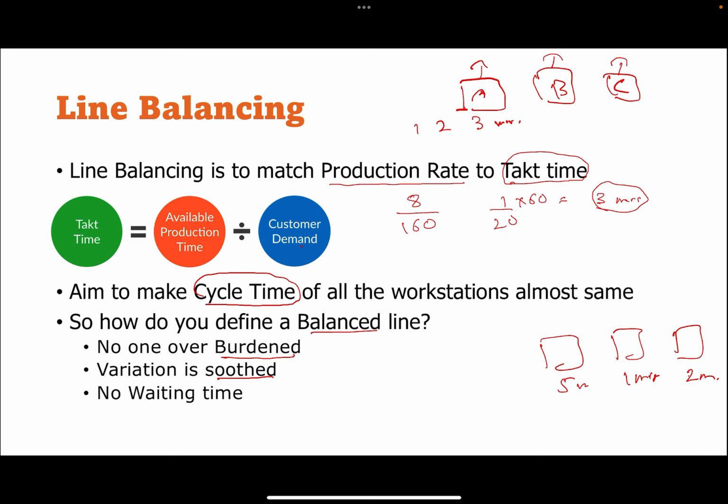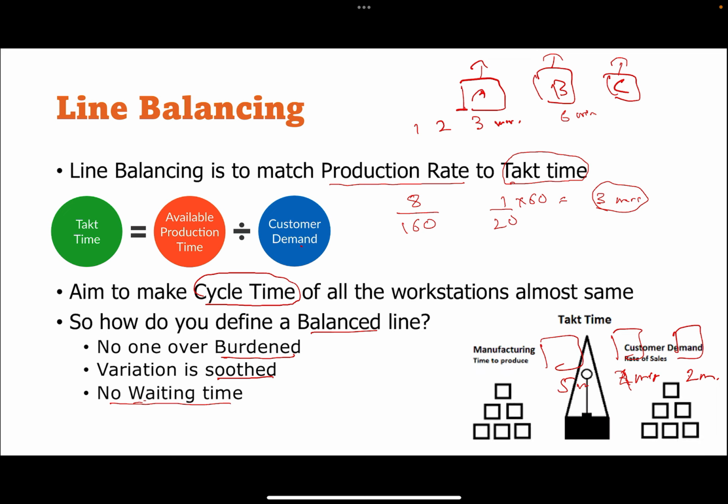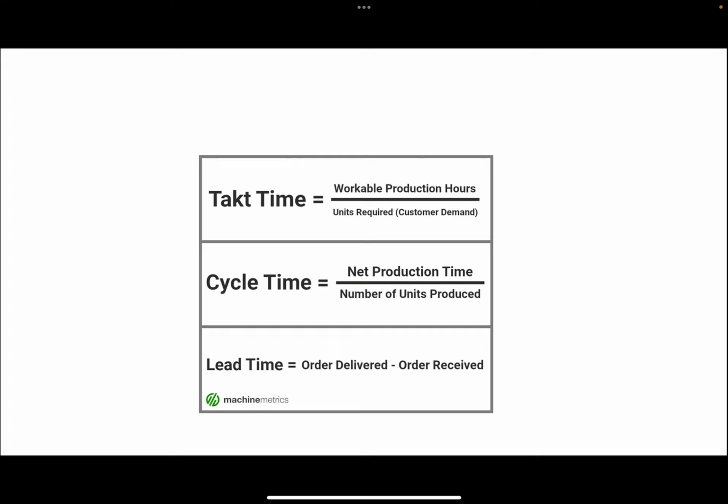If you can make this 4 minutes, you can reduce the variation. And we will try to reduce the waiting time. If A takes 3 minutes and this takes 6 minutes, there is a lot of waiting time for the product. This is called line balancing.